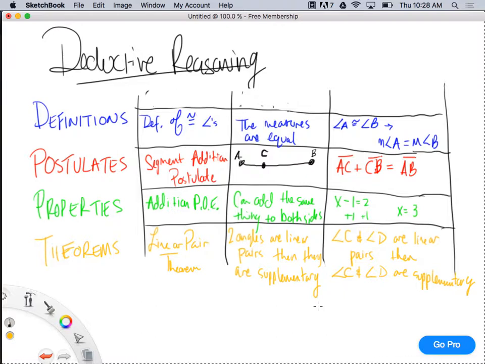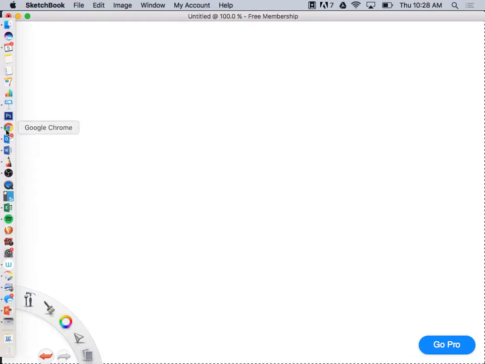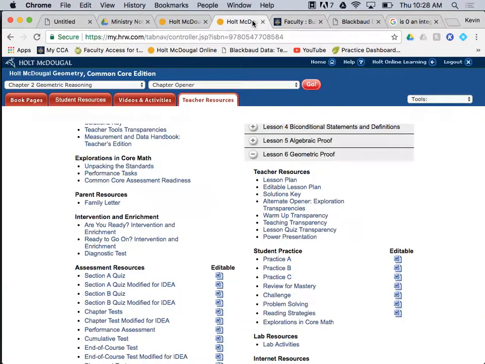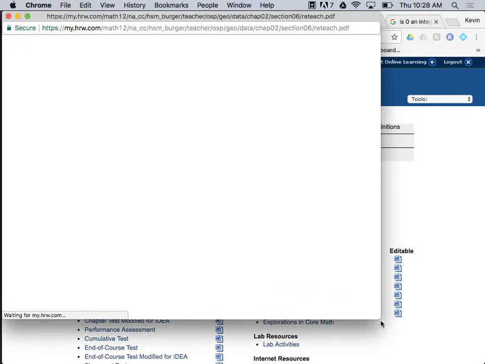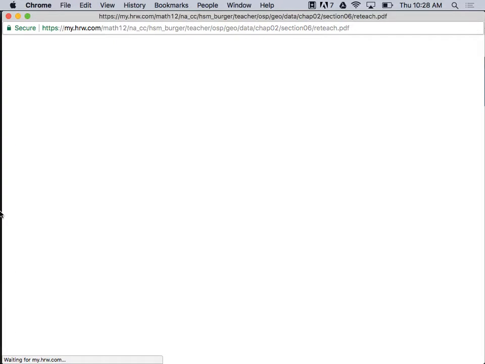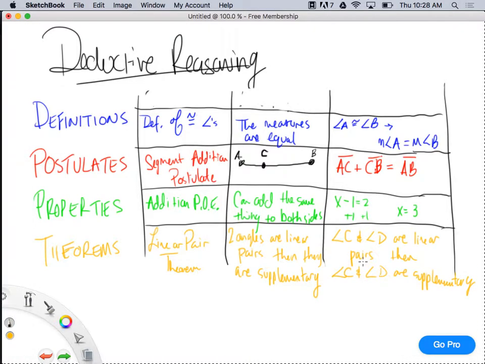Okay? So that's the whole idea here. Now, the question is, how do we apply these? Sorry, just give me 1 second, and I will get back there. The question is, how do we apply these? So this is how I would apply a definition. This is how I'd apply a postulate.